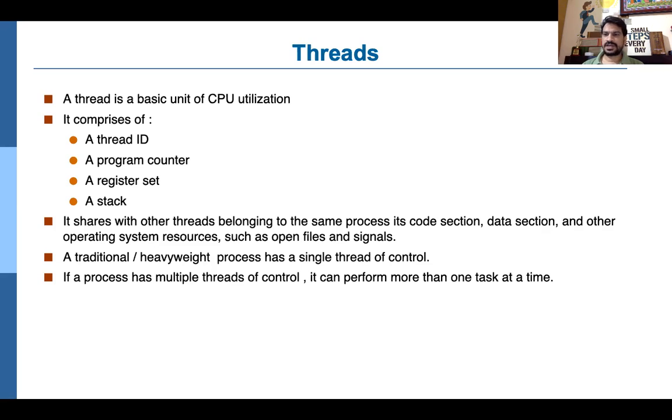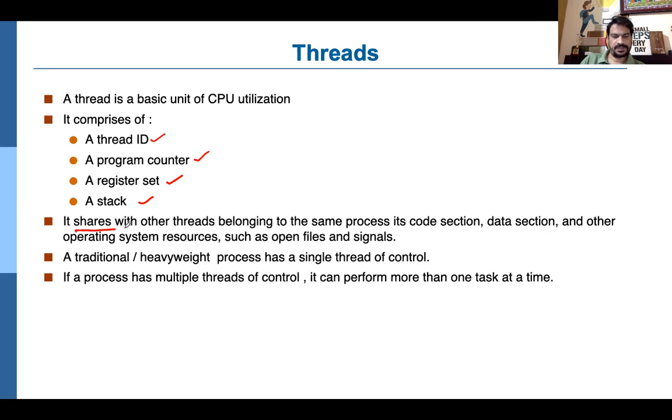So in a process we have threads, and in a thread, we have a thread ID, a program counter, a set of registers, and a stack. All those things are there separately with each thread.